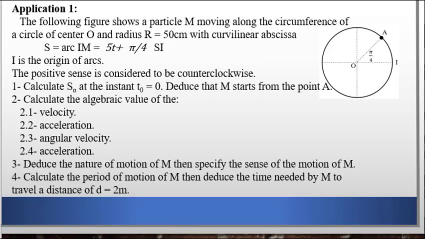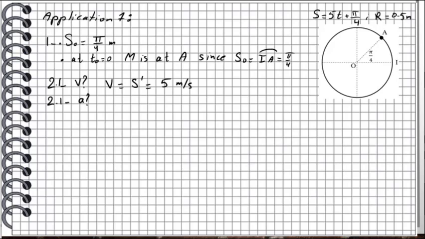Part 2.1. He asked me acceleration. Here I can apply Pythagoras. Pythagoras said that a square equal to a tangential square plus a normal square. But a tangential, which is equal to the derivative of the speed, and the speed here is constant, this will be 0. While a normal is v squared divided by r. So let's substitute here. V square divided by r, all of it square.